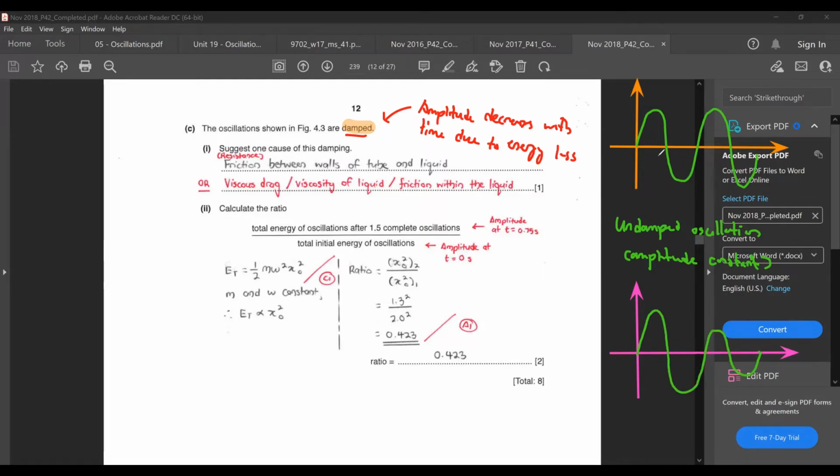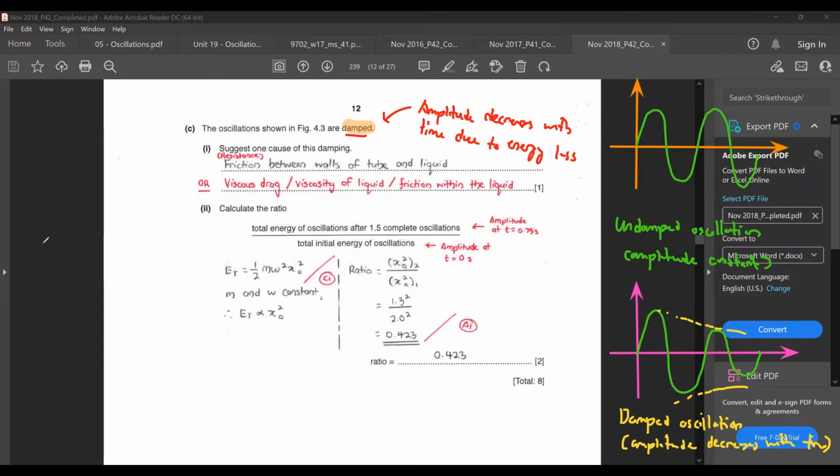Notice what's happening to the amplitude. This is what we call damped oscillation, where the amplitude decreases with time.